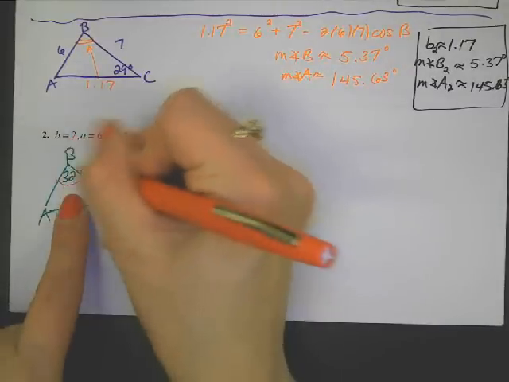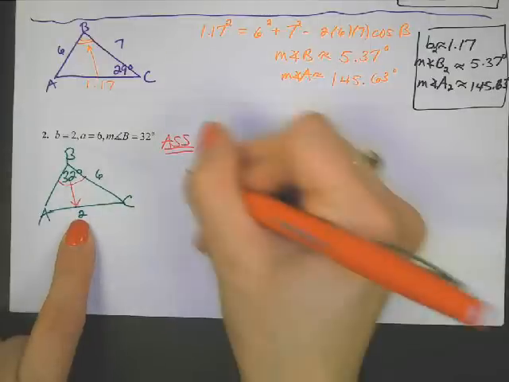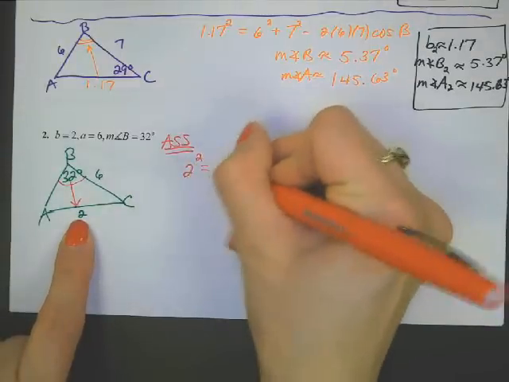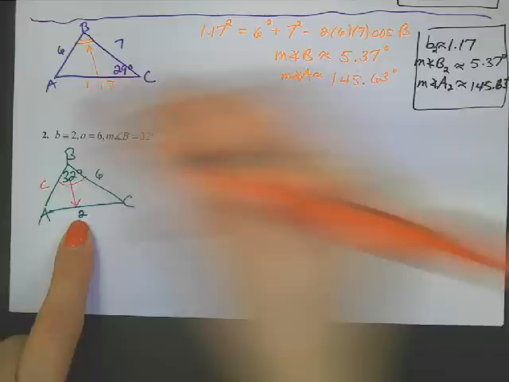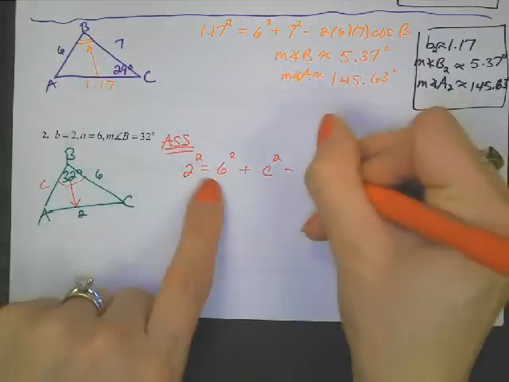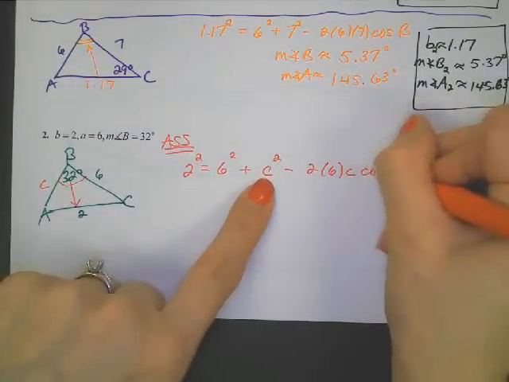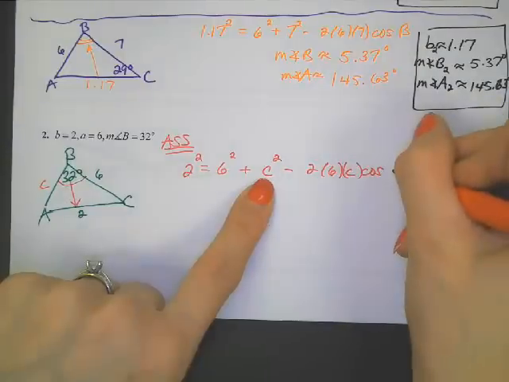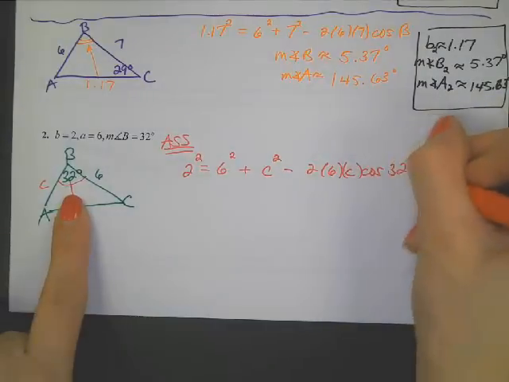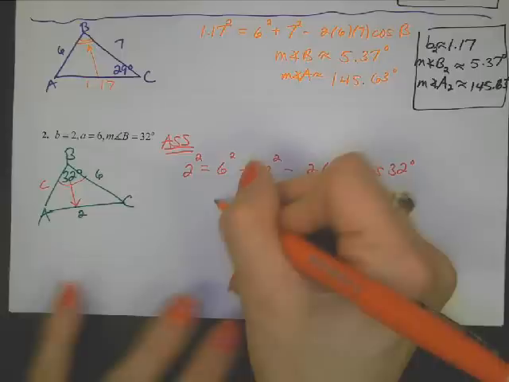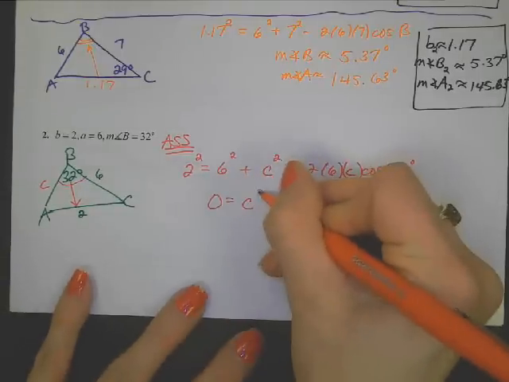So since 32 is the only angle we have, we're going to have to use that one. 2 squared equals 6 squared plus, we need to use little c squared minus 2 times 6 times c times the cosine of 32 degrees. Okay, we're going to go ahead and put this in descending order.